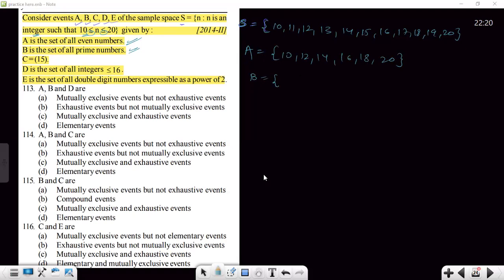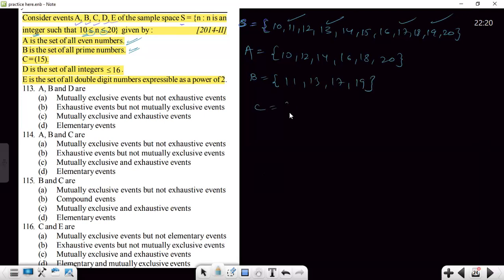Which has only two factors. Good. So how many prime numbers are there? Is 11 a prime number, 13 a prime number, 15 a prime number, or no? No, sir. 17 is a prime number, 19 is a prime number. Very good. So 11, 13, 17, and 19. Four prime numbers. Okay, nice.